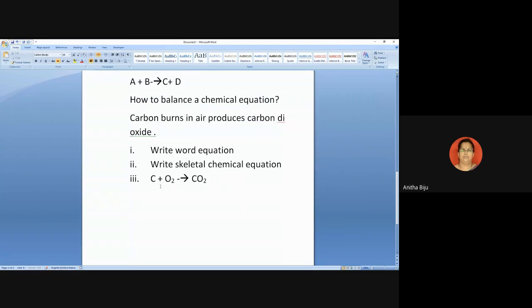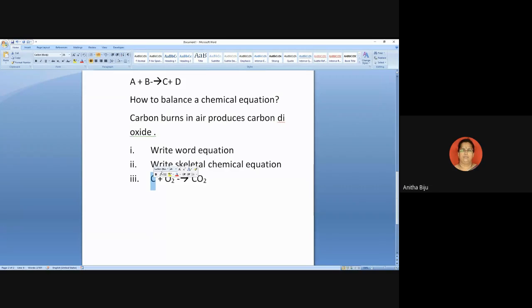So count the number of atoms of each element on both sides of the arrow. For example, carbon. On the left side of the arrow, how many carbon atoms are there? 1. On the right side, how many carbon atoms? 1. So the number of carbon atoms is the same on both sides of the arrow.